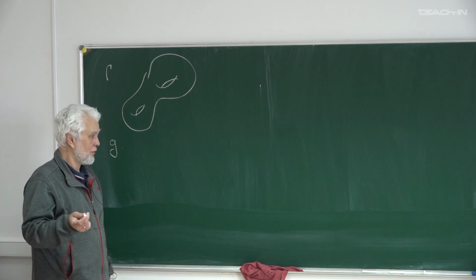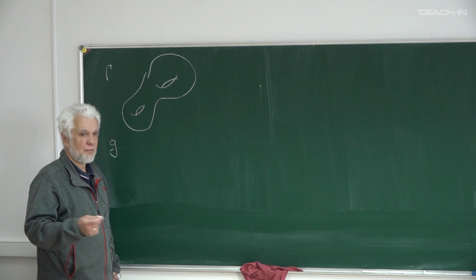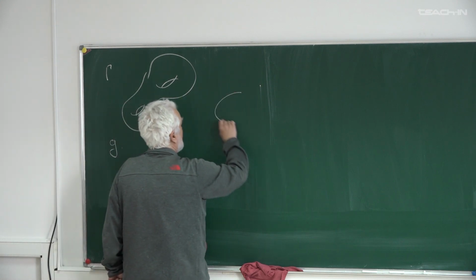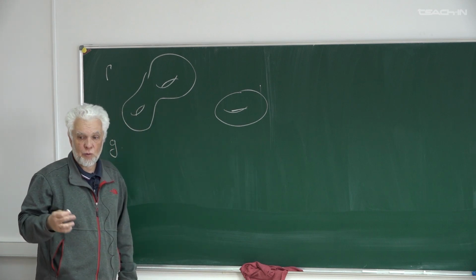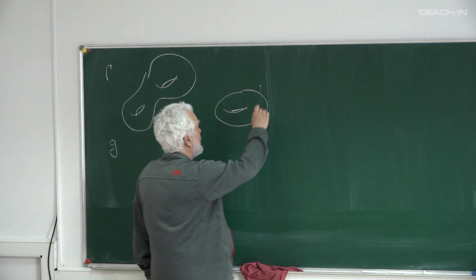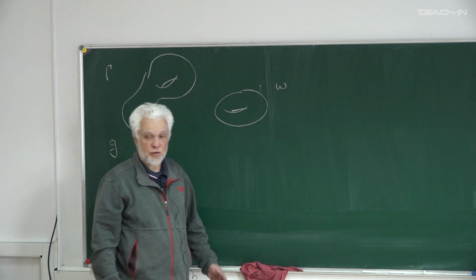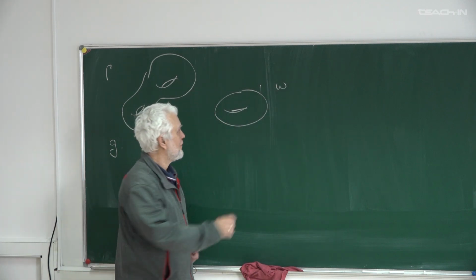Why? Well, for example, we have a complex torus. For the complex torus, we have a holomorphic differential, omega. The space of holomorphic differentials is one-dimensional.